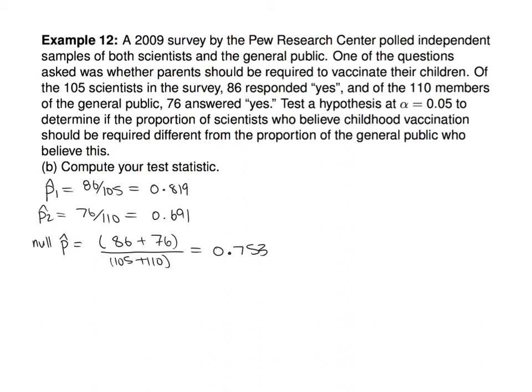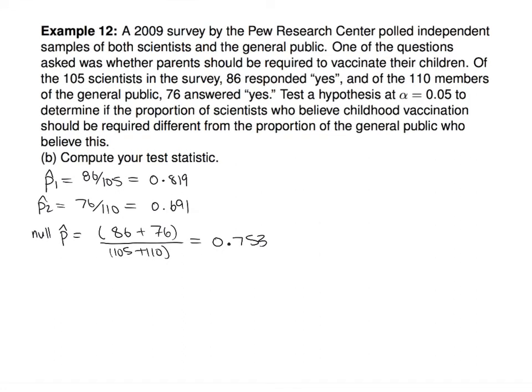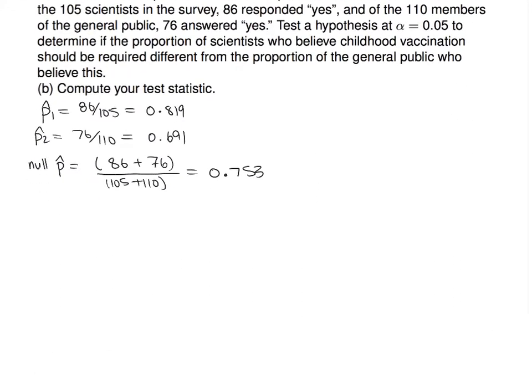Okay, now your test statistic is going to be a z-statistic, and you need the standard error. So let's just state what it is. So we'll have z equals p1 hat minus p2 hat minus the null value, over the standard error of that null value.